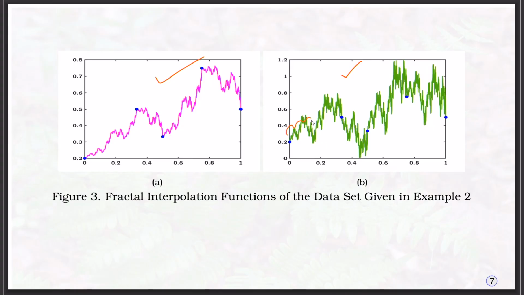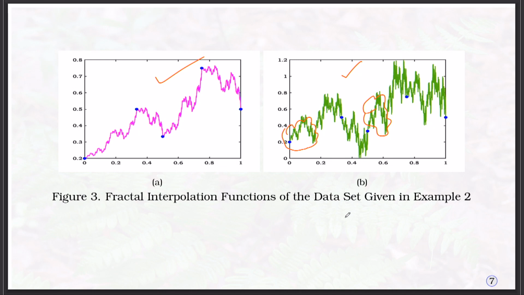Also you can observe from the figure, it exhibits the self similar nature at all scales. Whenever you zoom in and zoom out, it will give the same structure. Therefore it is a good approximation for the real time data.